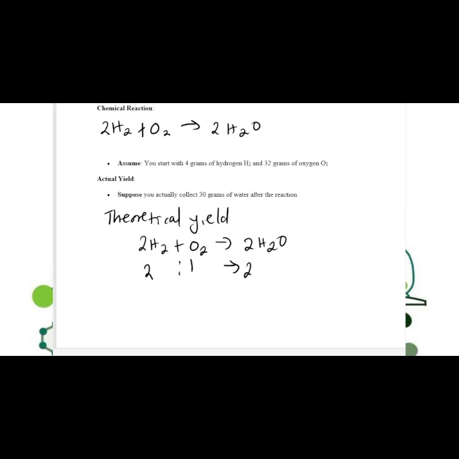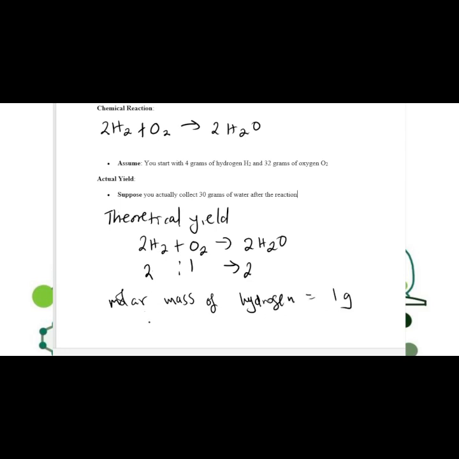So we are given 4 grams of hydrogen. What is 4 grams of hydrogen? The molar mass of hydrogen is 1 gram.